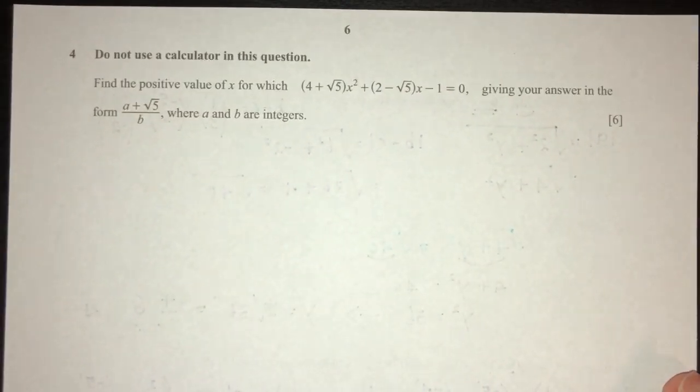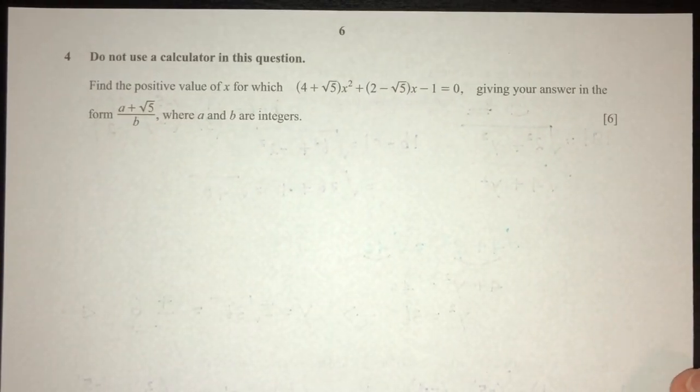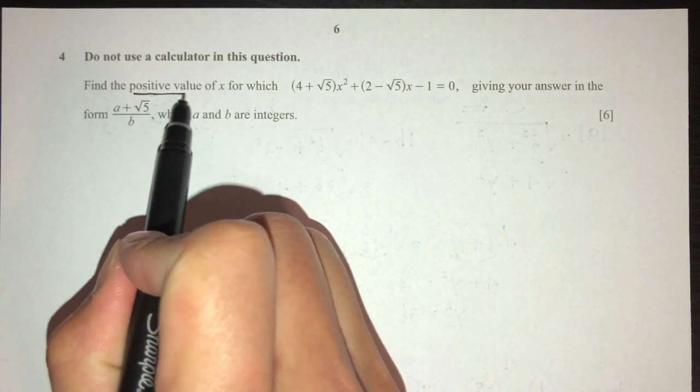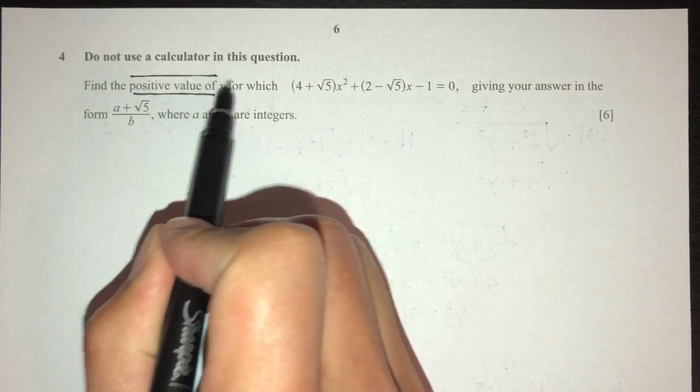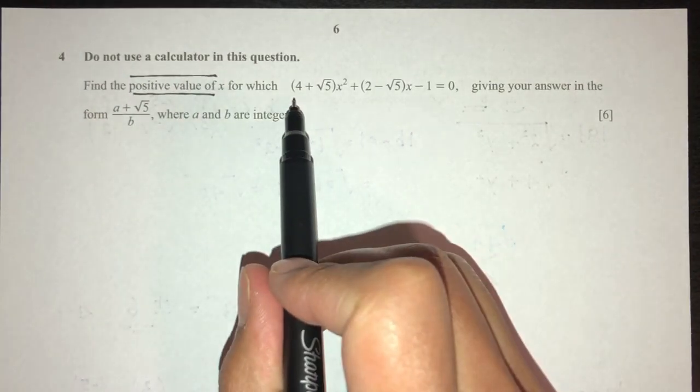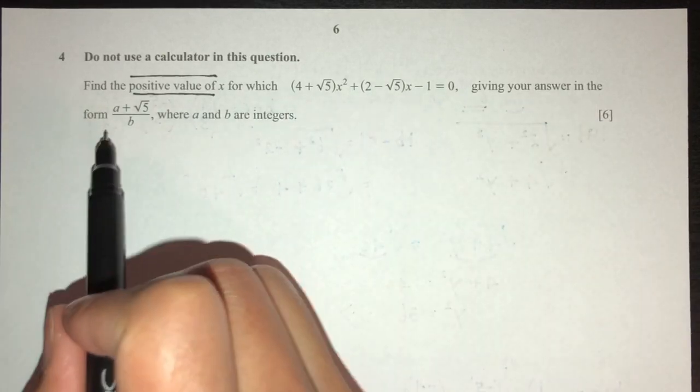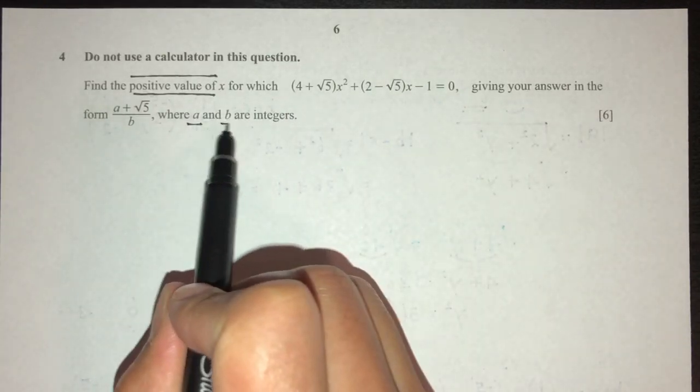Let's move on to your question number 4. So in this question, do not use a calculator. So what I can advise here is you can always check using a calculator, but you have to show every step of your work in this question. So find the positive value of x. So important here, the positive value for this equation, giving your answer in this form where a and b are integers.